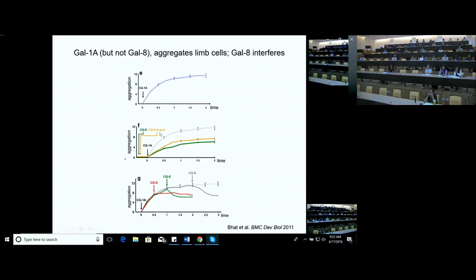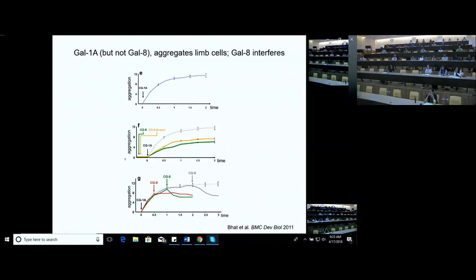Or if we add a portion of CG8 that has the combining region for the cell surface ligand, we find that we can inhibit the aggregation induced by CG1A or galectin 1A if we add CG8. And similarly, if we just add it at any step along the way, we can knock down the aggregation.